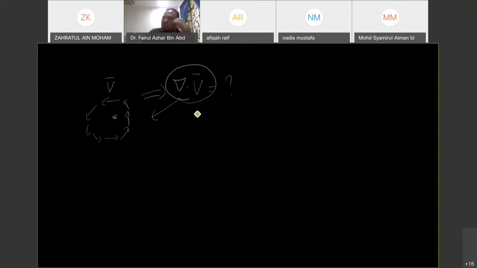Or let's say if we have one charge and we change the medium of the charge, for example. So we put the same charge in another type of medium, for example.